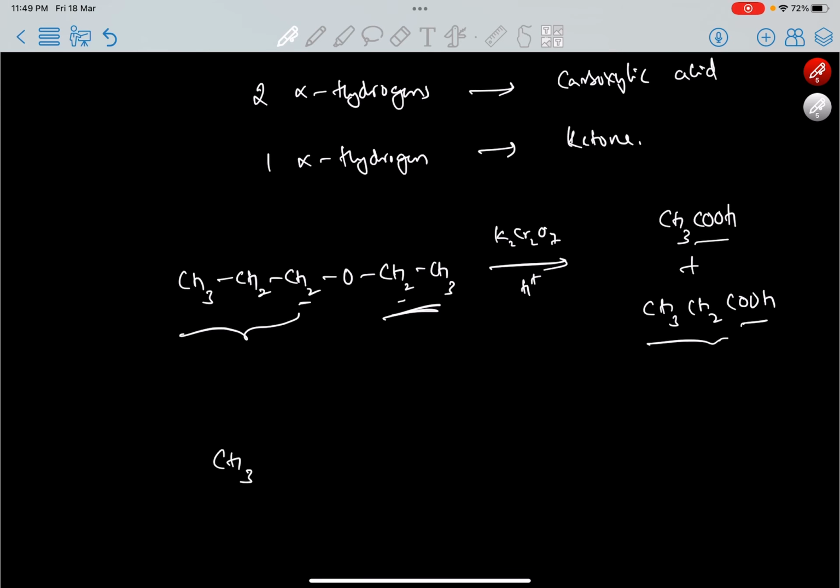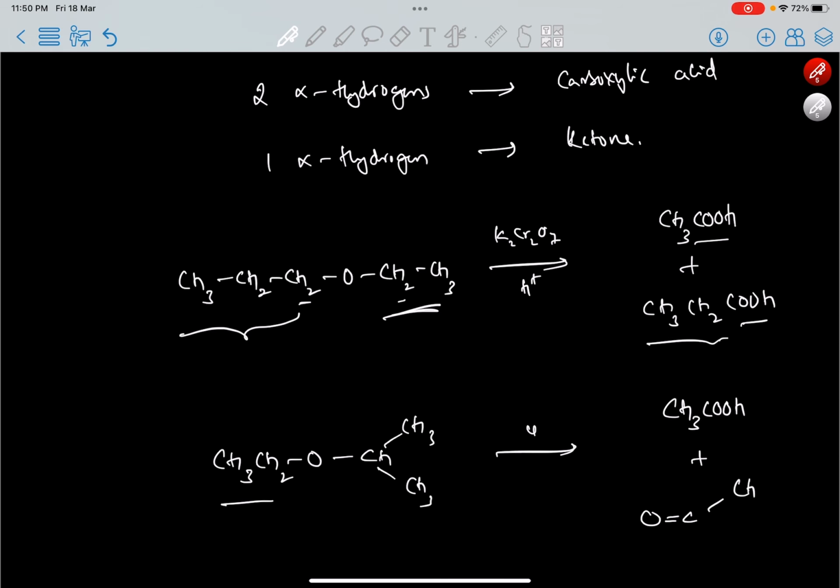If I have only one alpha hydrogen, like this, now what happens? In the presence of the same reagent, what do we get? We get CH3COOH from this side, and here we get simply ketone, because there is only one alpha hydrogen here.